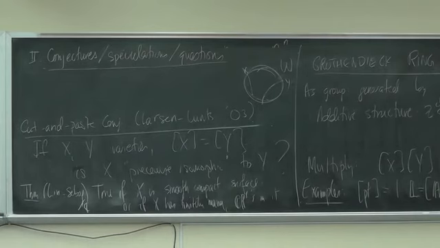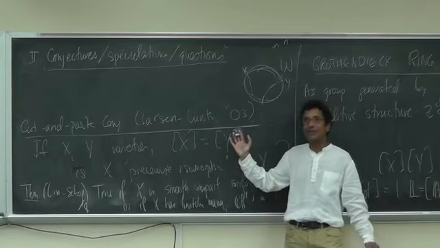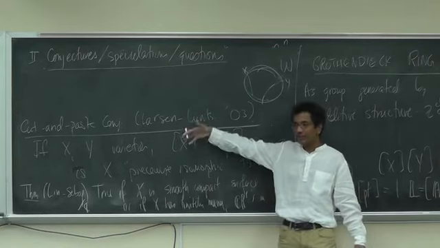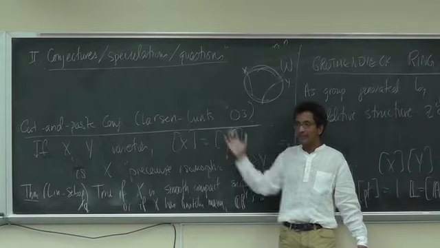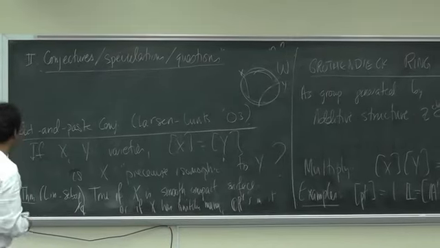For example, if you have a Calabi-Yau with finitely many rational curves, you can identify it by its class. Okay, so that's the first conjectural direction.